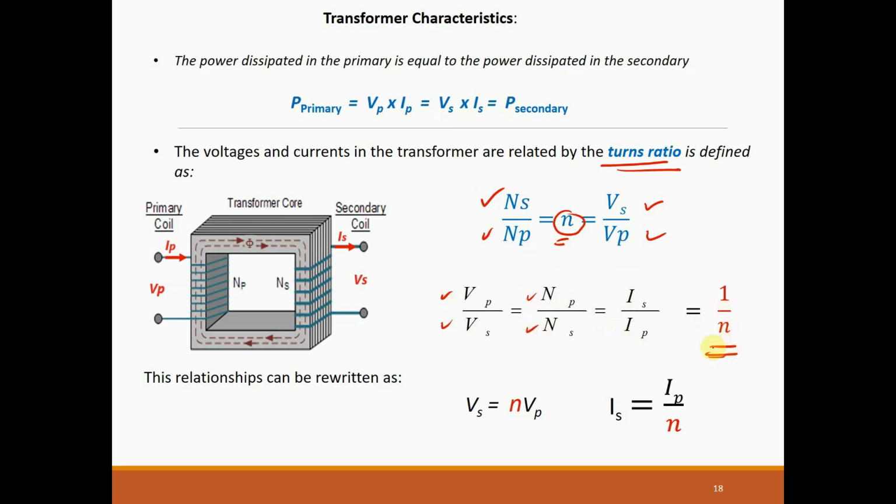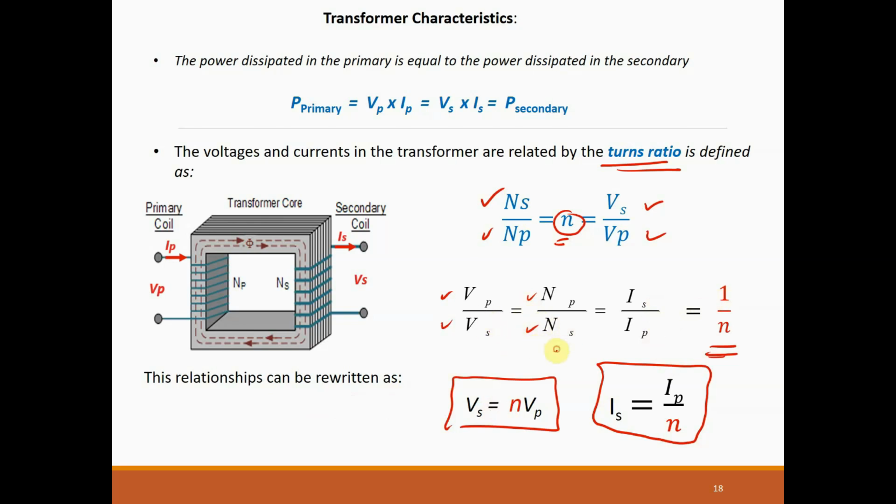So from this equation, we can say that BS is equal to N multiplied by BP, and IS is equal to IP divided by N, right? These are the relationships. Okay.